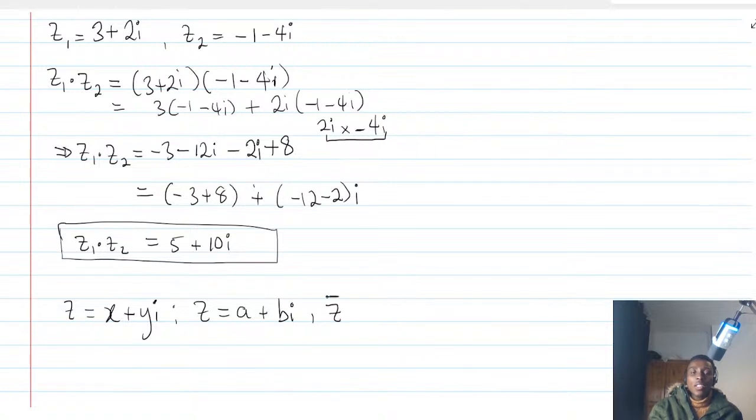So the conjugate is going to be a minus bi. So simply put, the conjugate is nothing but just changing the sign. All right, that's all.